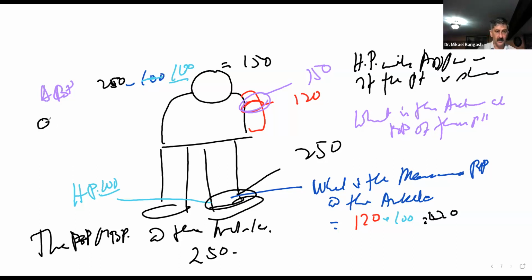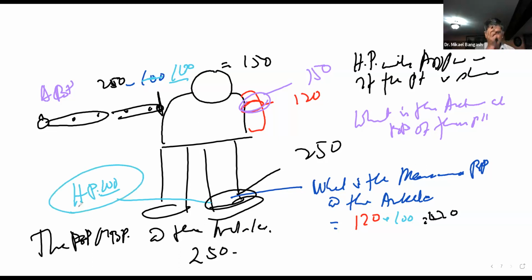Because if he or she was lying down, there's going to be no increase in the blood pressure at any point, because what the hydrostatic pressure means is an increase in the pressure due to the weight of the column of blood. Did that make sense?